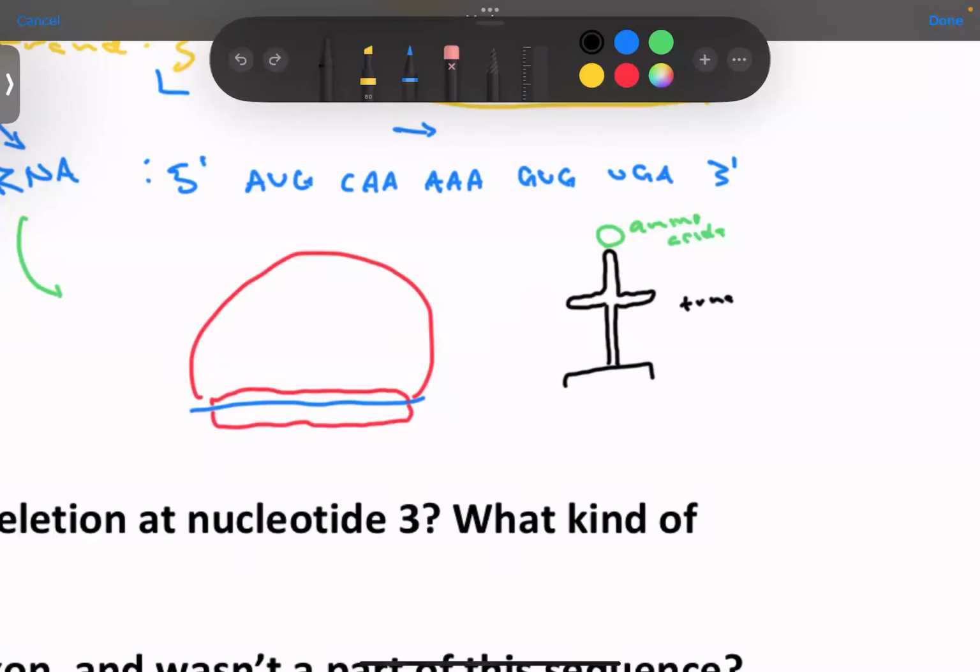So let's see, our amino acid sequence for the mRNA here, and let's label it, if this is the 5', this is the 3', we know we're going to have for example AUG like we said, then we're going to have a CAA like we said, and let's also add the AAA.